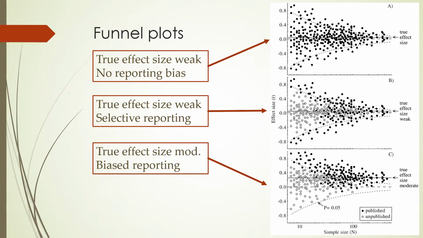And some editors will reject if there's nothing of significance found. We've talked about this sort of significance bias. But in this situation, you see, again, a clustering of unpublished results at small sample sizes, which are non-significant.